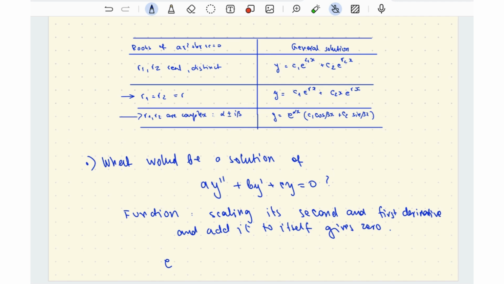you know, for example, that if you have the function e to the power rx, the composite function, then if you start taking the derivatives, the first derivative is e to the power rx times (rx)', which is r e to the power rx.